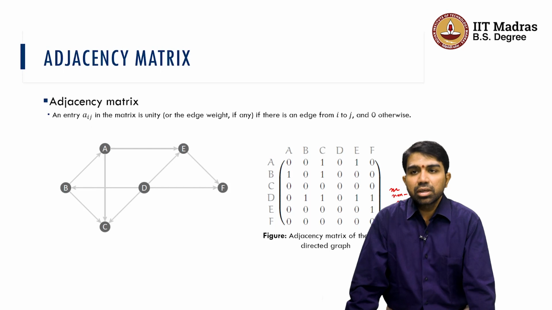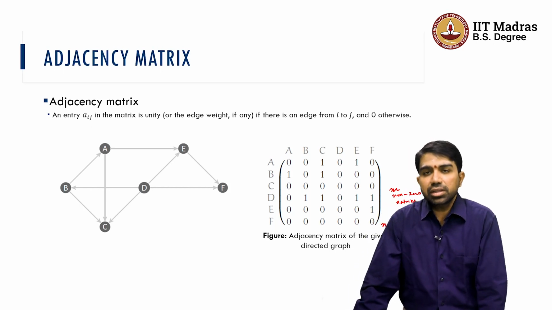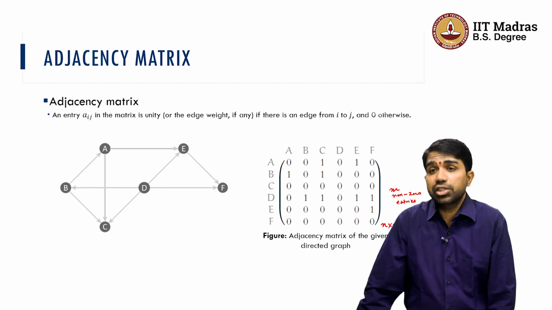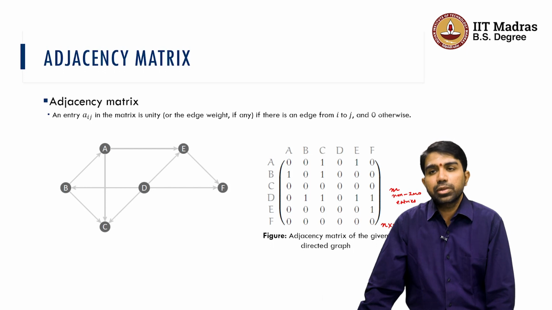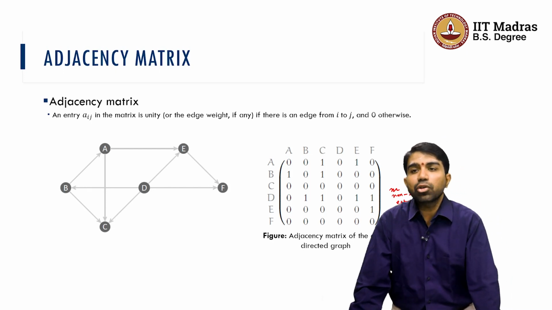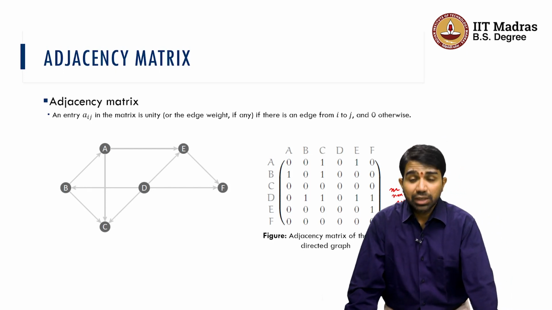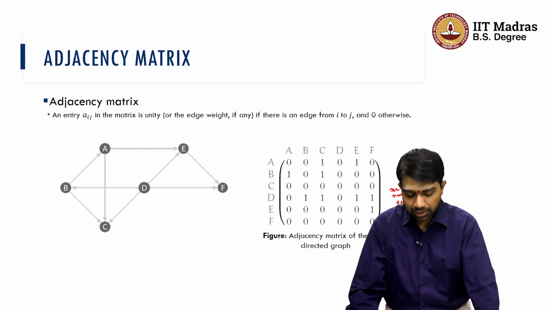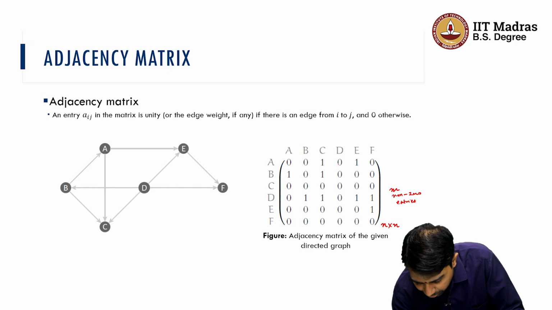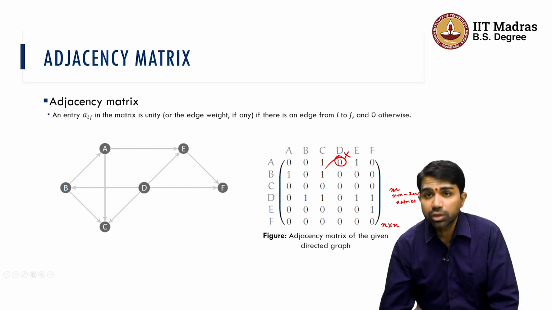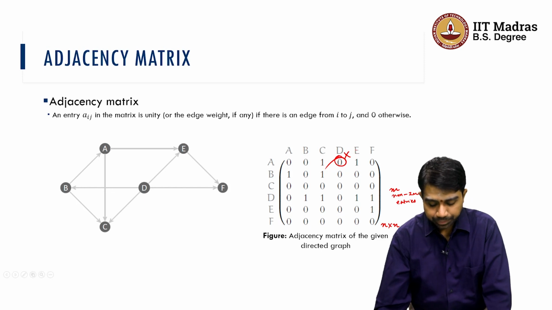It captures whether there is an edge from i to j. If Aij is non-zero, you know that there is an edge from i to j. If Aij is 0, you know that there is no edge connecting i and j. So, if I have to find out if A and D are connected, again it is a very fast, instant process. I just go to the row corresponding to A and the column corresponding to D, and I find out that there is no connection between A and D.